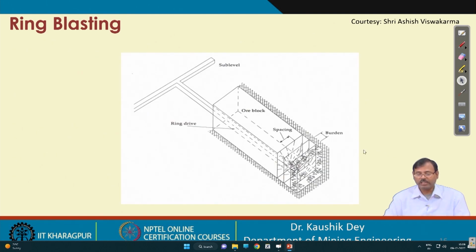Slot blasting can be carried out in phases also. So, gradually one by one phases it can be carried out, and in the next lecture we will cover the VCR blasting technique. So, in that case basically the long holes are drilled, but blasted gradually.